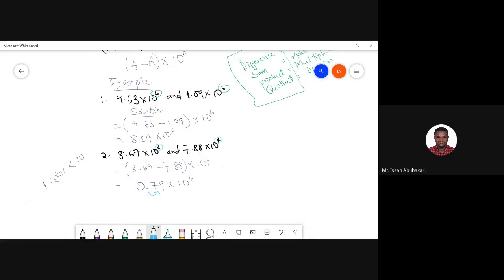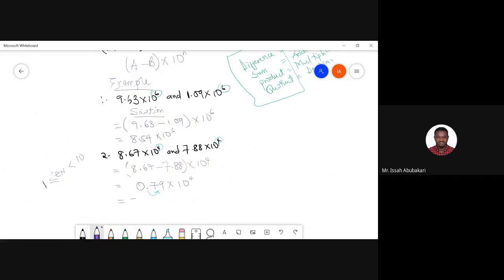Now moving the point, we can either move the point to the right or to the left. And in our previous class, we learned that when you move the point to the right side, it becomes negative. But when we move the point to the left, it becomes positive. In this situation, we are supposed to move the point to the right.